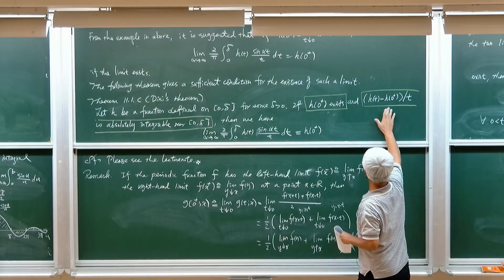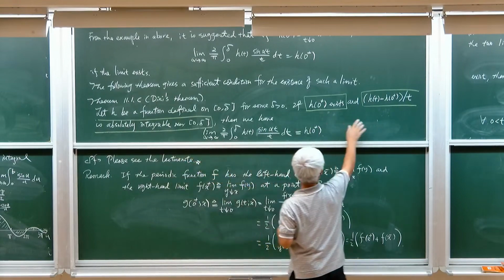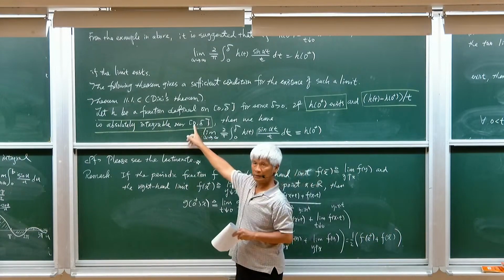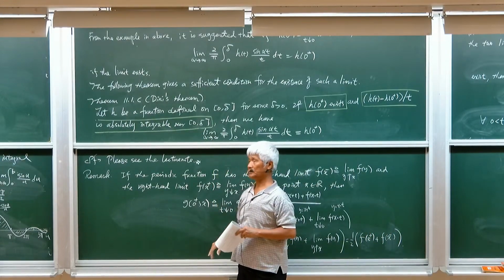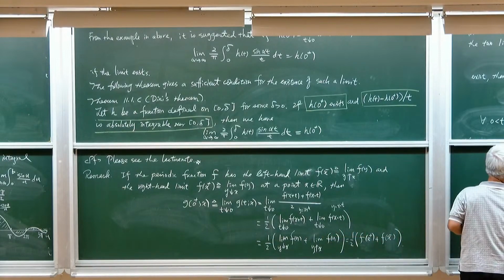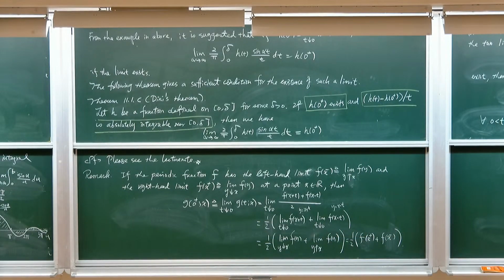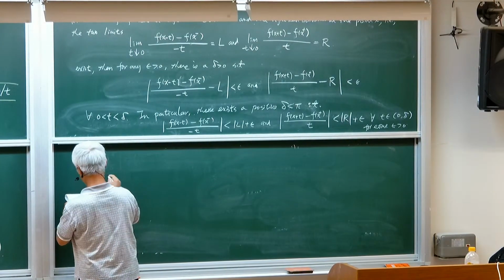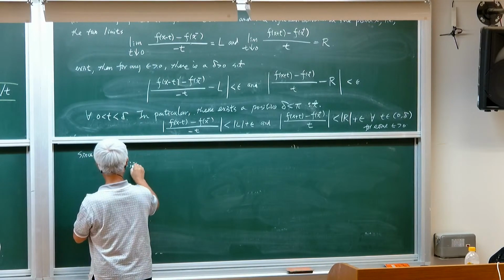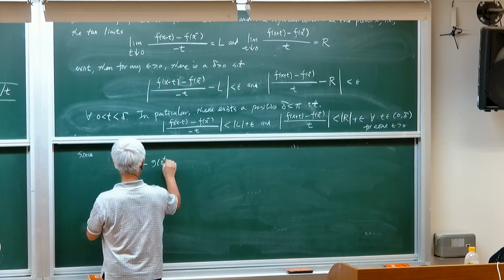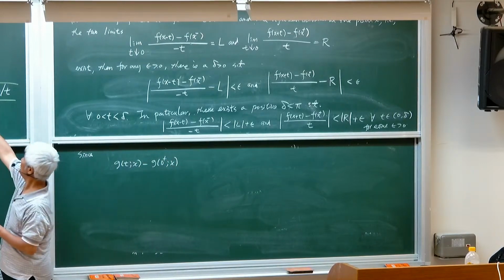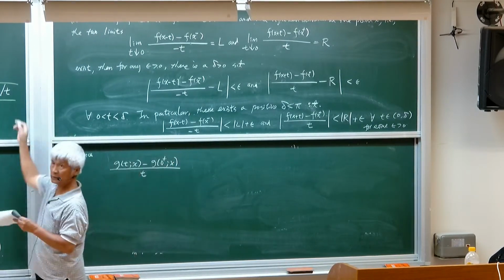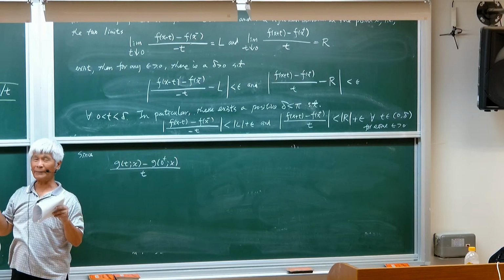And the second condition, we want to show that this ratio is absolutely integrable over the small interval from 0 to delta. So g_t(x) minus g_0+(x), that is h(t) minus h(0+), divided by t. You want to know whether this function is absolutely integrable.